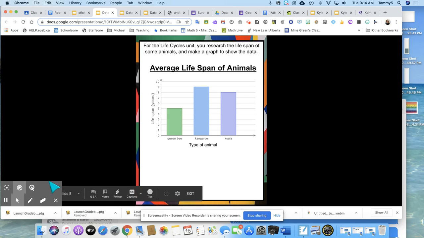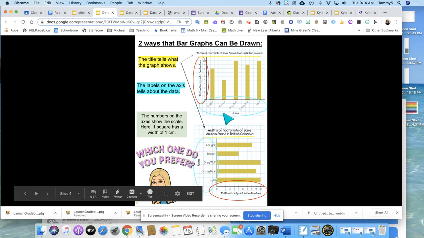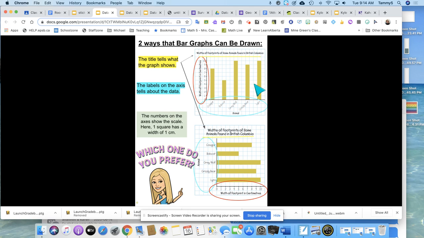Okay, and actually I didn't mean to go back so quickly. I wanted you to also see that these graphs were drawn on graph paper, and the numbers on the axes show the scale. So here, one square has a width of 1 centimeter. You can see that a cougar's footprint has a width of 8 centimeters.